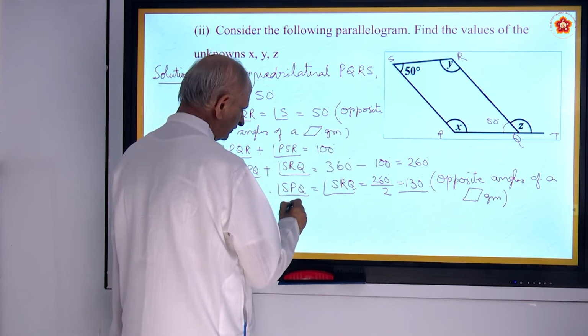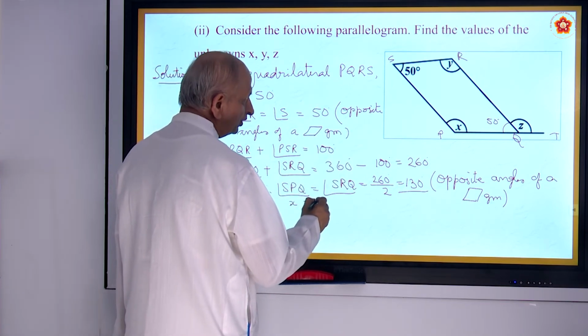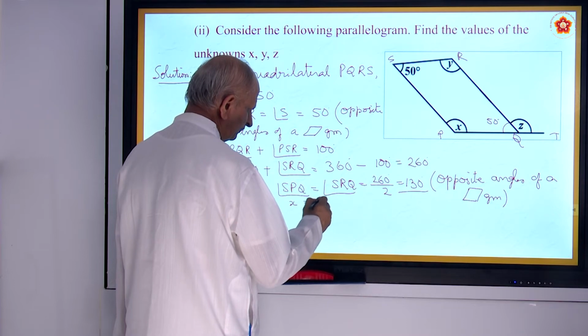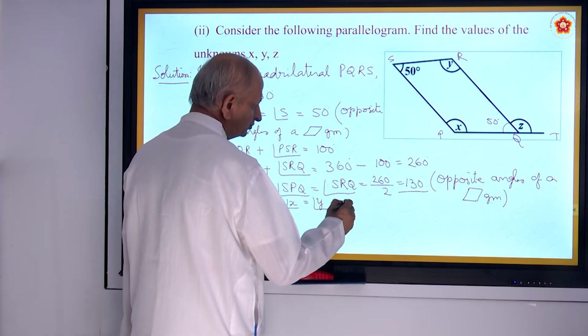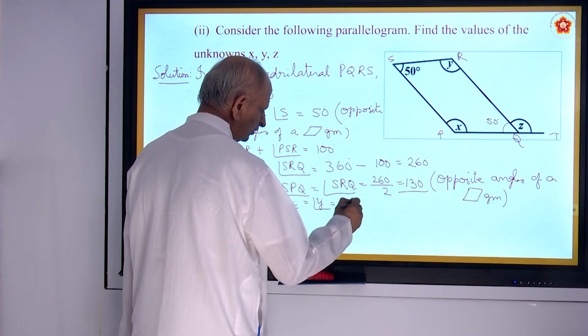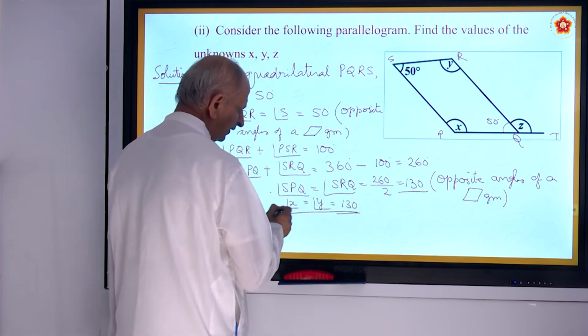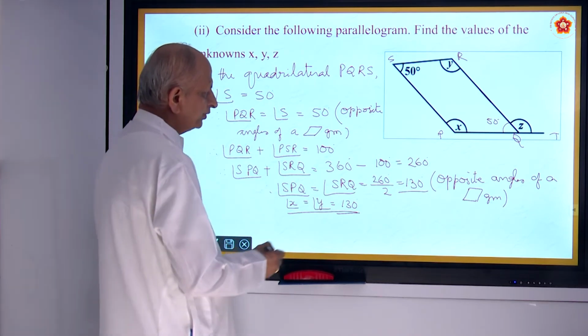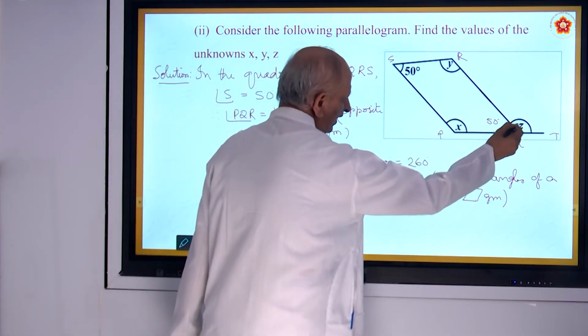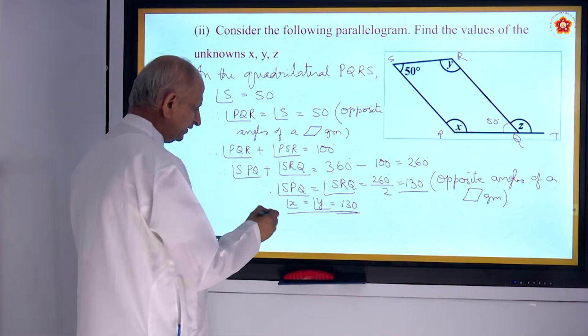SPQ, that is x, is equal to y, angle x is equal to angle y is equal to 130 degrees. So, we got x and y. To find z, the sum of these two, called adjacent angles, is always 180 degrees.